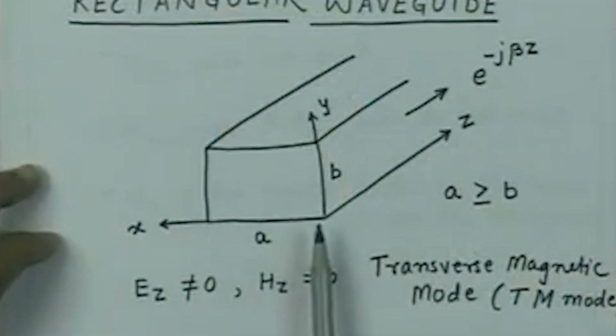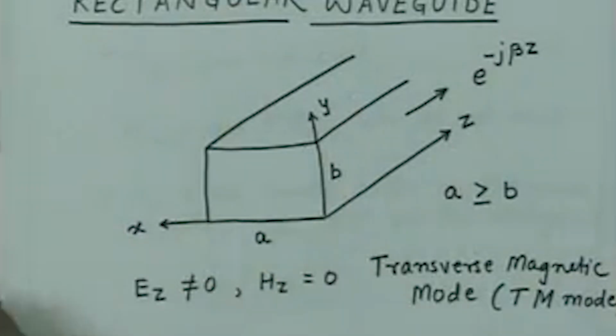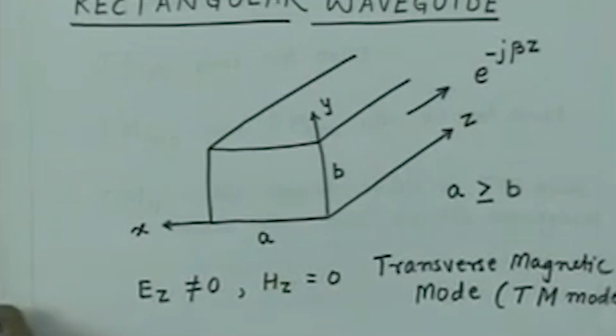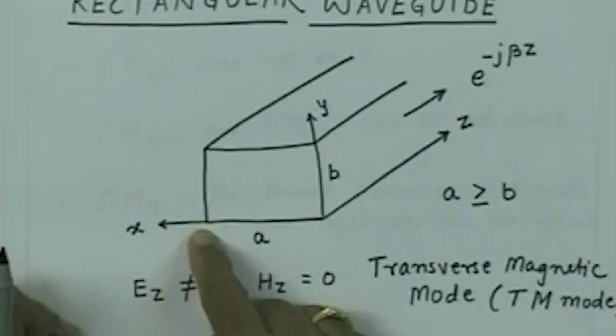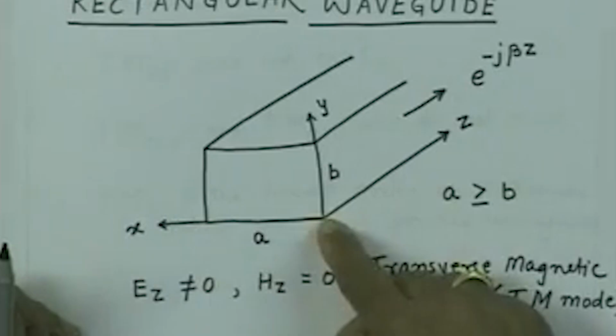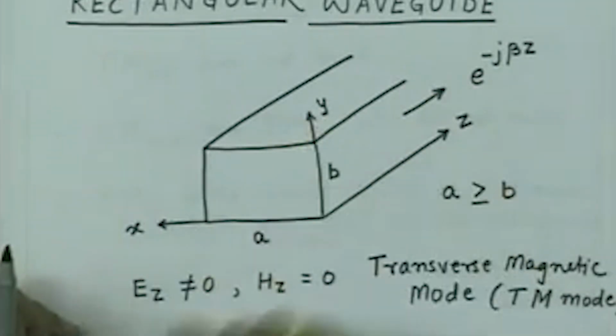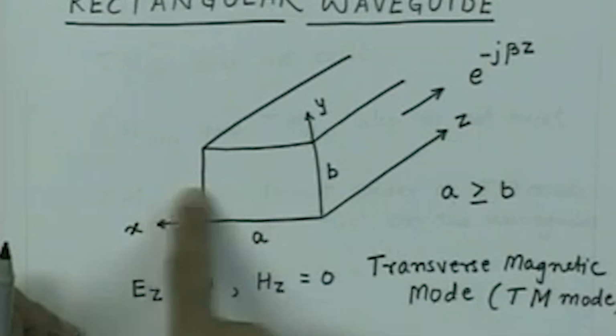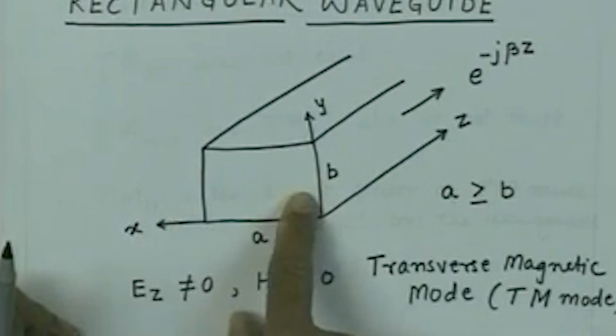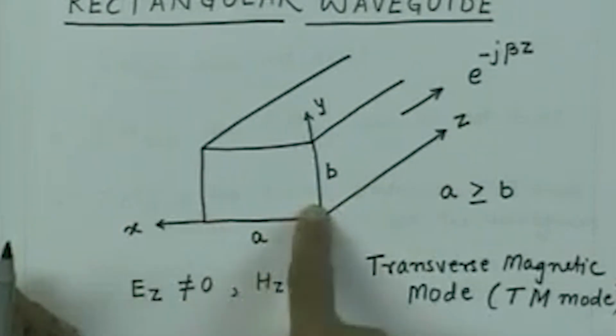Since the indices m and n tell the number of half cycle variations along the x and y direction respectively, when m is 0, there is no variation of the field along the x direction. When n is 0, there is no variation of the field along the y direction, but the field has to be 0 here. This is the Ez component, so it has to be 0 here, it has to be 0 here, and there should not be any variation in the x direction if m is equal to 0. That is only possible provided the field is identically 0 everywhere.